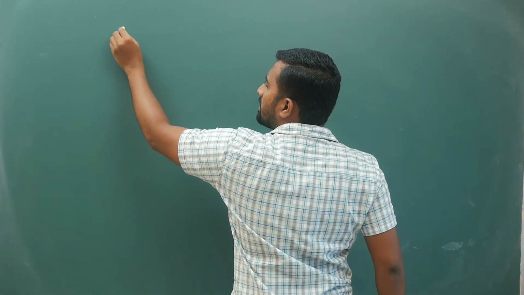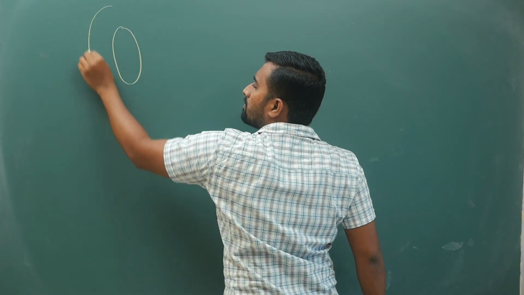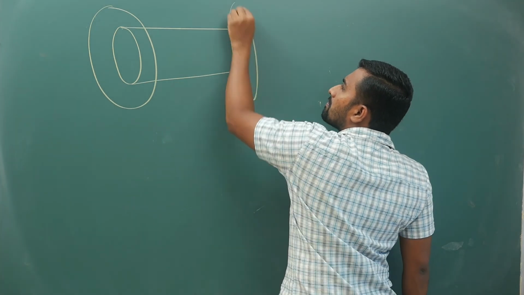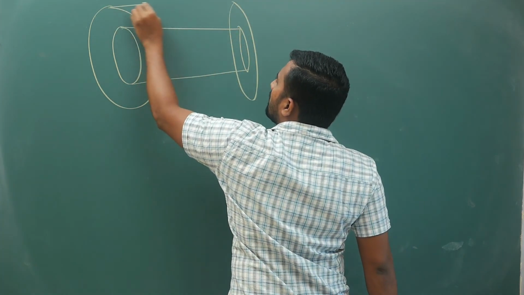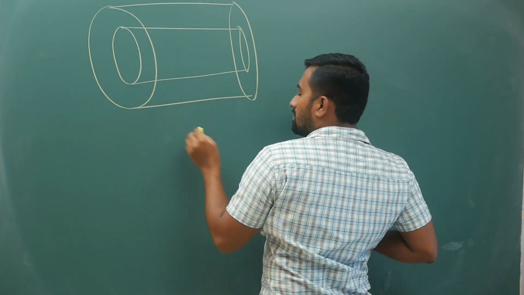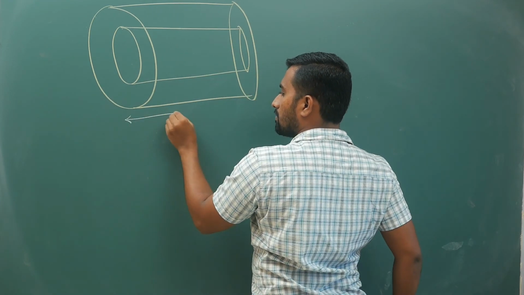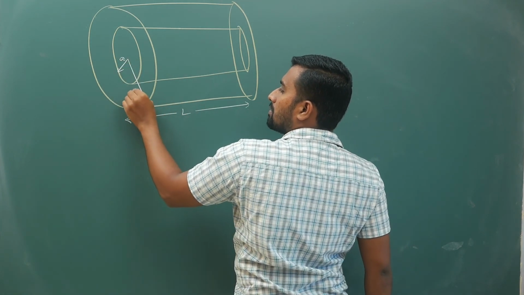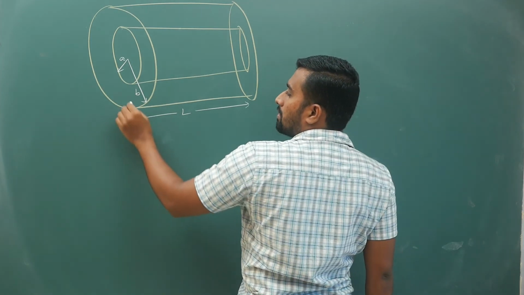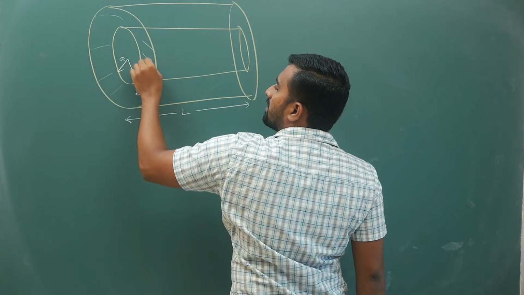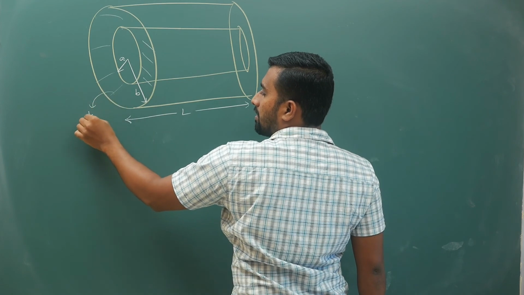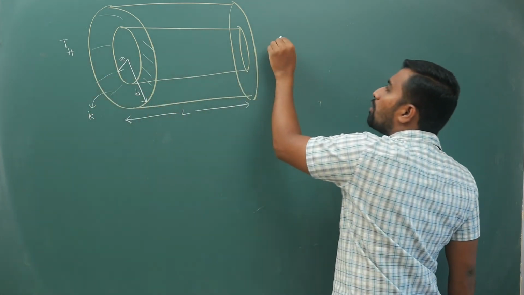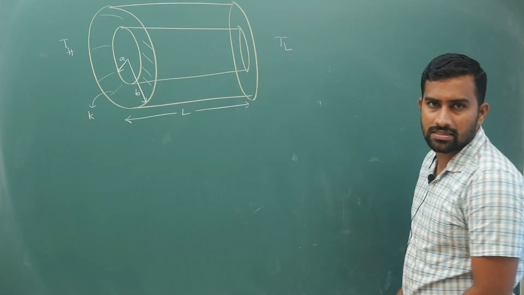Now for understanding's sake, let us say you have a cylindrical tube like this, its length is L, area of cross section is A, this part is B. Let us say the thermal conductivity of this material is K. Now let us say you are applying heat energy on this side, with higher temperature this side and lower temperature this side.